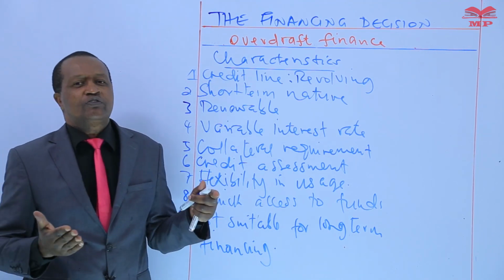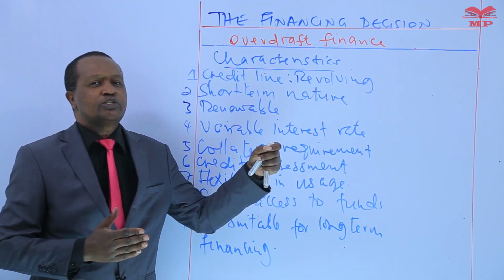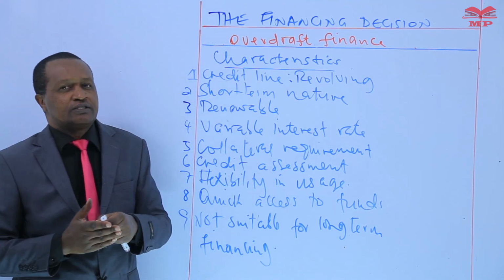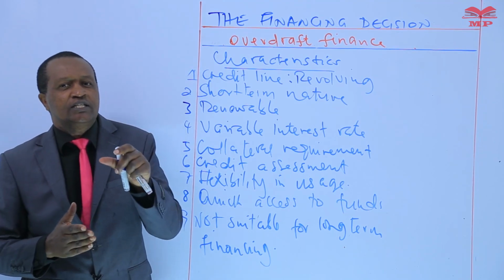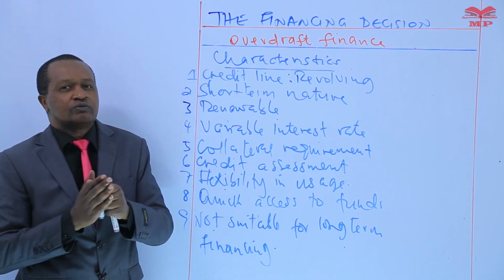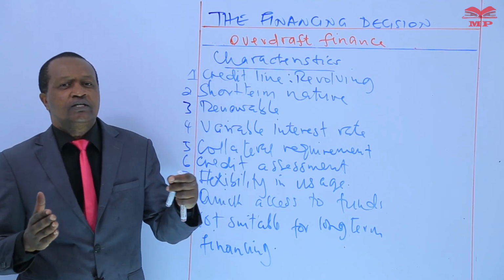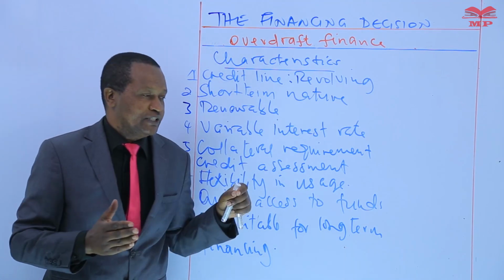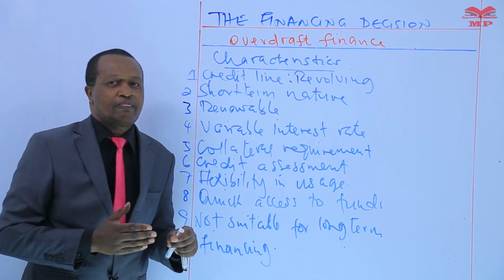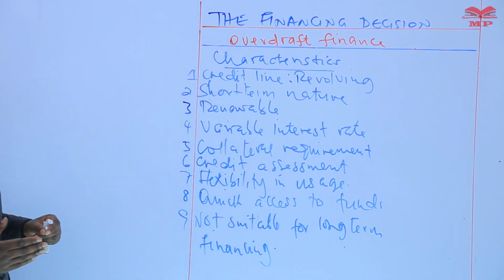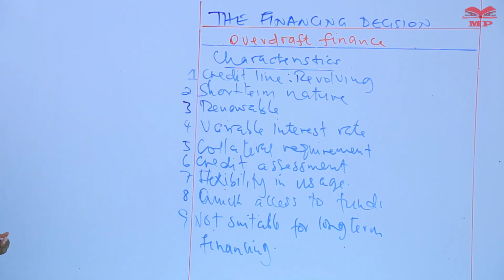They are best suited for short-term and temporary cash flow requirements. Do you understand? And therefore, businesses need to be careful when managing overdraft facilities to avoid exceeding the approved limit and to avoid incurring unnecessary fees. So these are nine characteristics of overdraft finance.